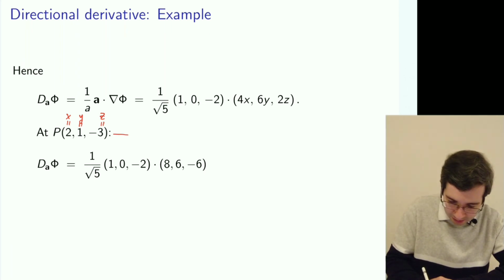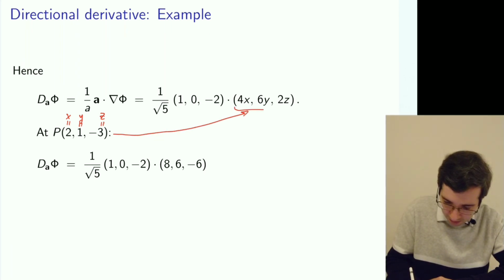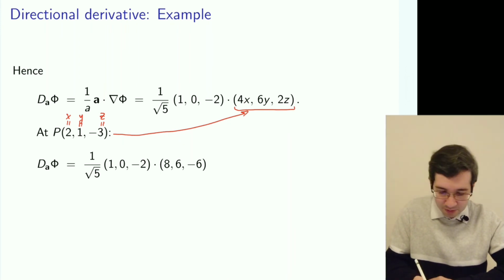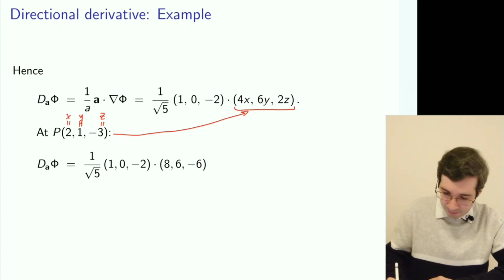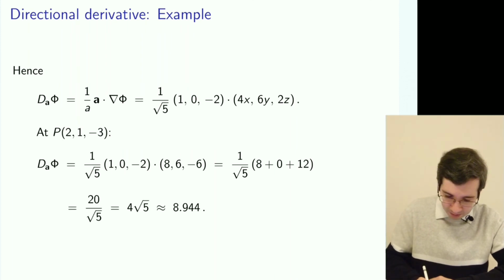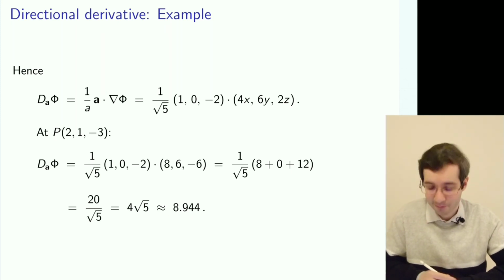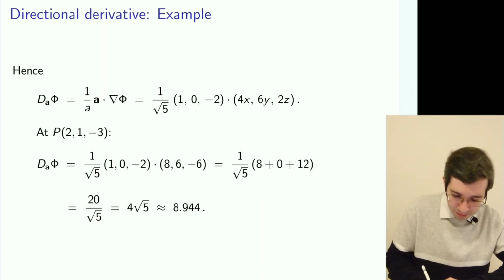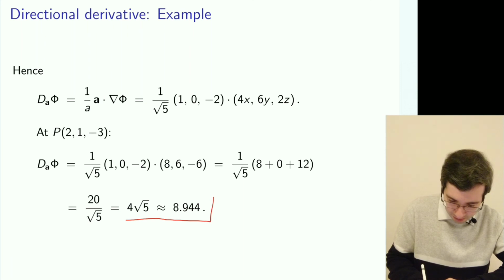If we substitute that inside the expression explicitly dependent on x, y, z components, we will find the directional derivative, and if we simplify it, we will get that, and one step further, we'll get 4 times square root of 5, or approximately 9. And that is the answer to that question, so either of those will do. But you need to not just write the answer, you need to explain where it's coming from.